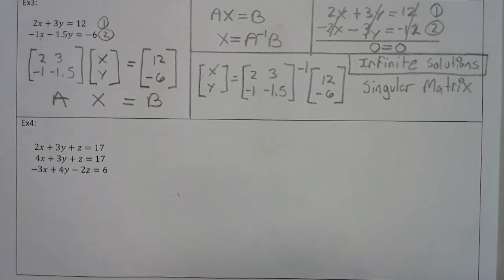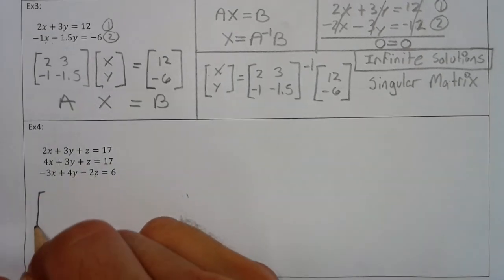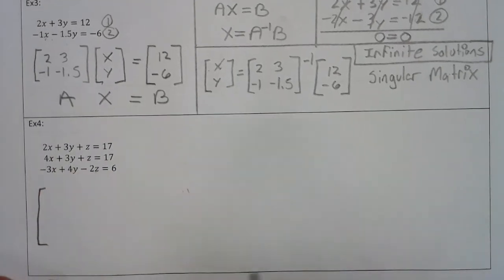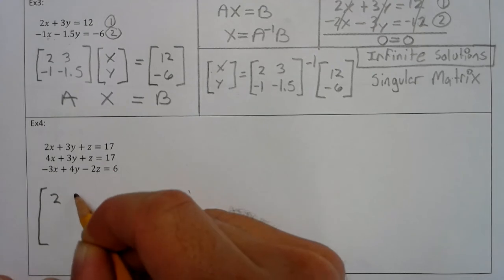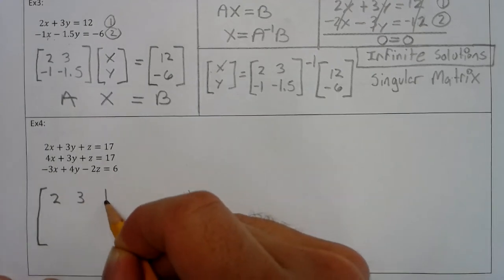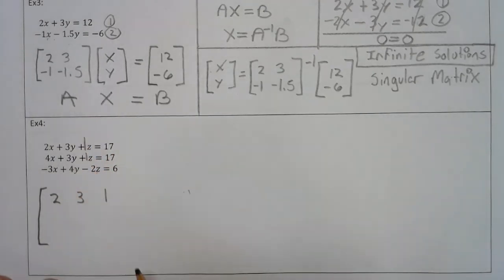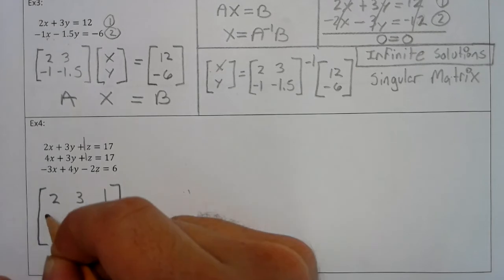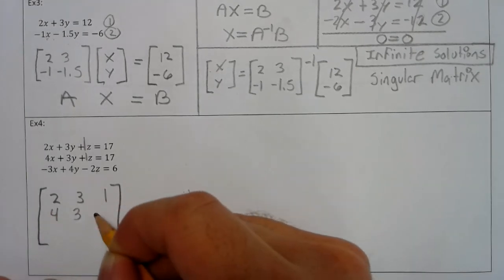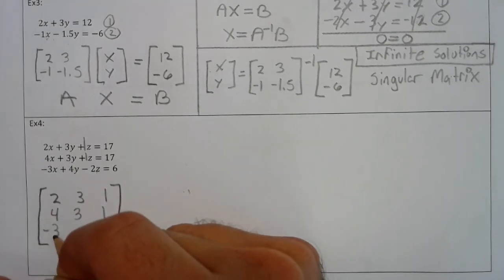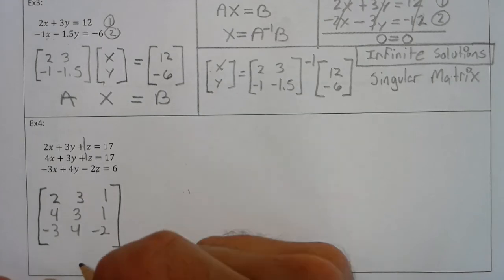All right. So same steps, really the same steps as with the 2x2. You have your matrix A. So 2, 3, 1. If there's not a number, put a 1. 4, 3, 1, negative 3, 4, negative 2.